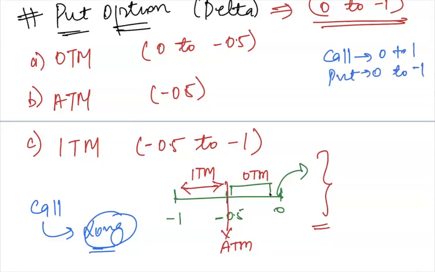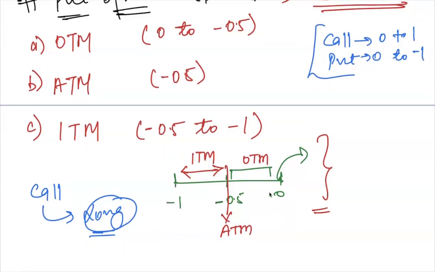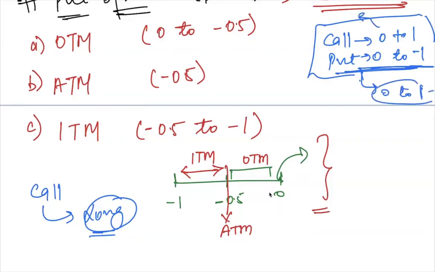But when we communicate, we always mean a long position. As we saw, in a short position the put becomes 0 to 1, and the call becomes 0 to -1. But we always communicate in the long position way, and that's why we say the delta for a call option is 0 to 1 and for a put option is 0 to -1.